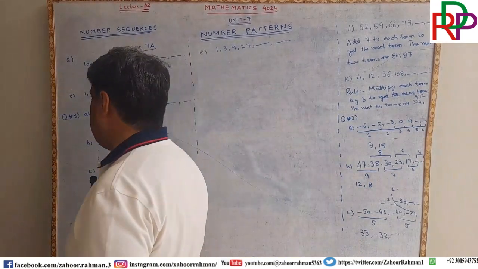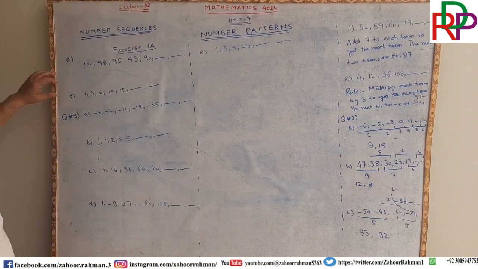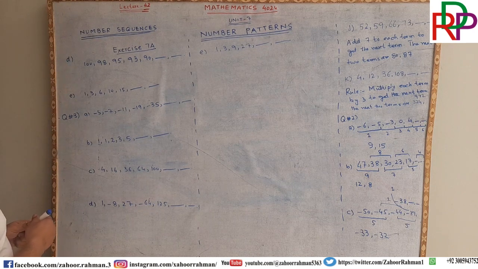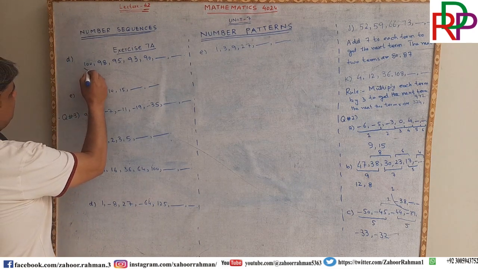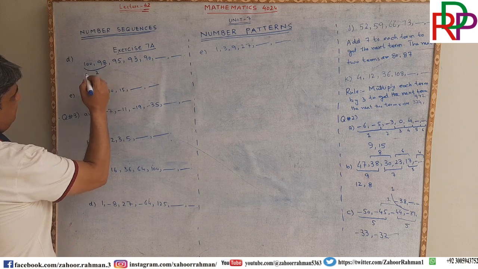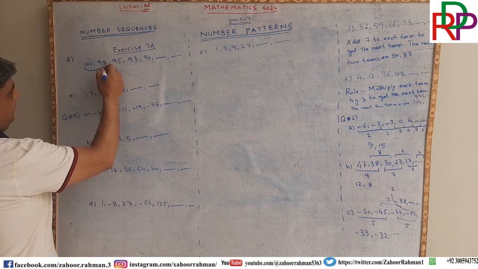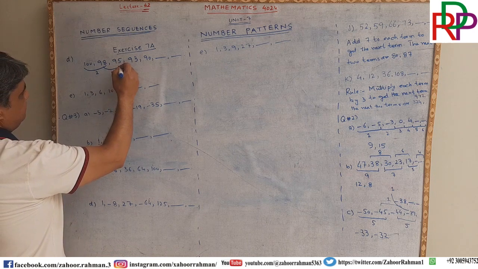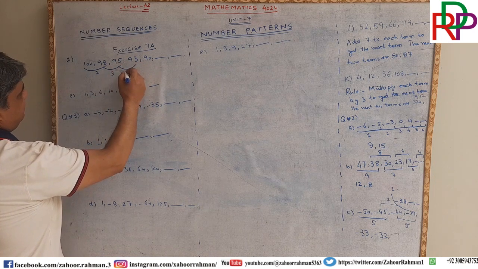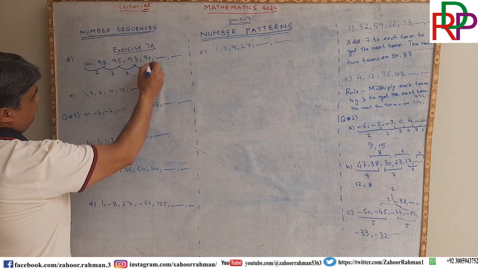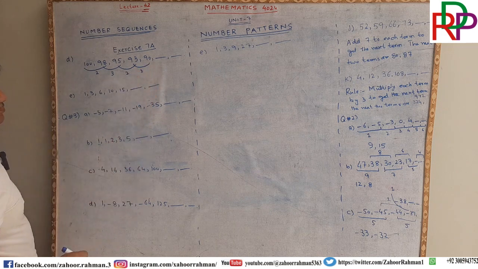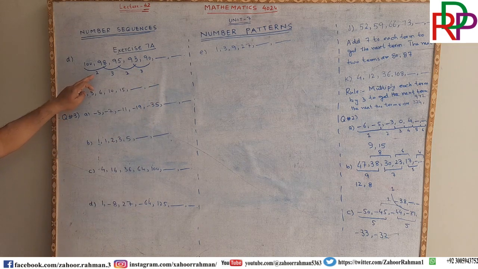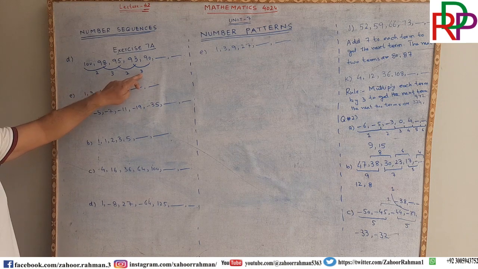Okay, ladies and gentlemen, let us do part D. Look at these two, there is a difference of 2, and between these two there is a difference of 3, and then a difference of 2 again. So the pattern is telling us 2 and 3, 2 and 3.